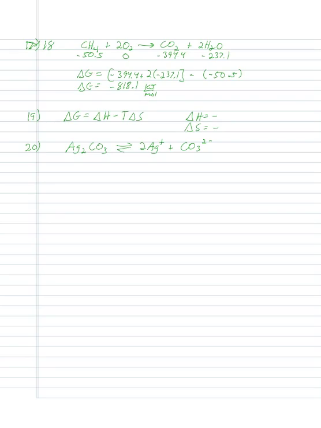So, is it more soluble in water than in a solution of silver nitrate? If I put it in silver nitrate, I've got a source of silver from the silver nitrate that's going to drive that reaction back to the solid, and it's going to make it less soluble. So it's going to be more soluble in water than in the silver nitrate, because the silver nitrate provides a common ion.